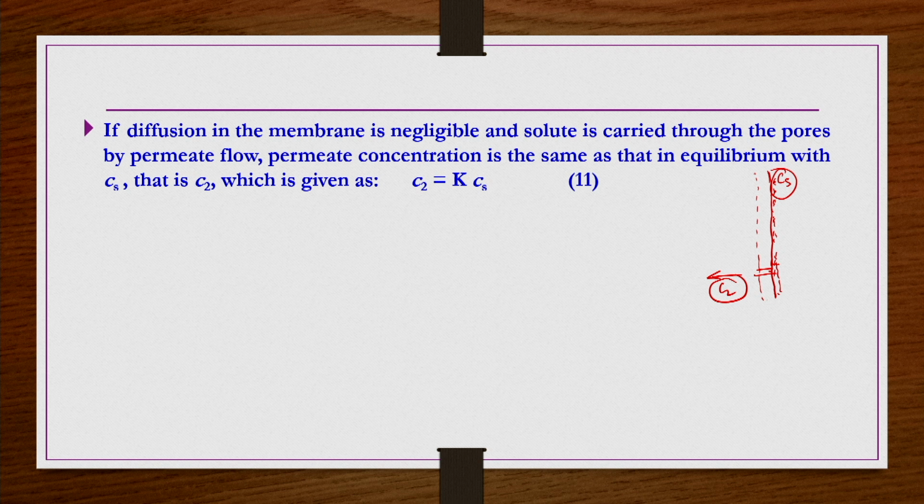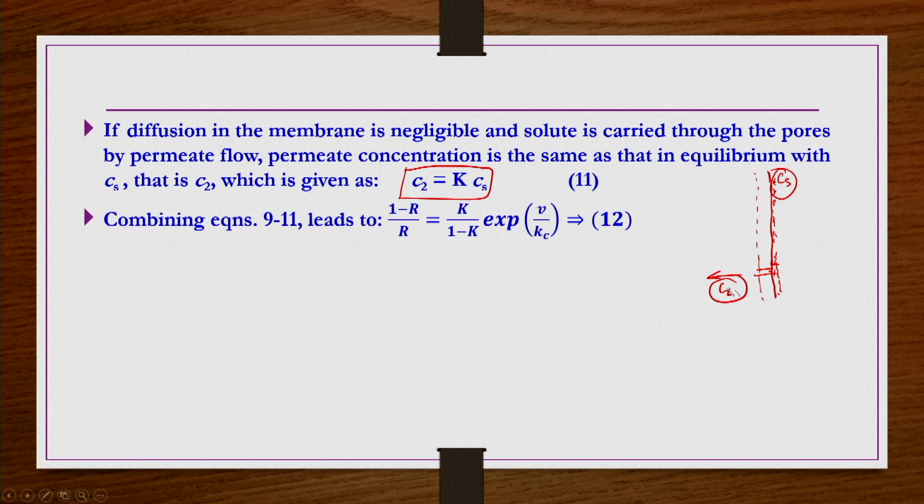One is just the upstream side of the membrane, another one is just the downstream of the membrane, and then within that membrane thickness layer some concentration variations are there. So, those variations can be represented by the equilibrium partition coefficient, and how we can represent that is C2 equals Kcs.